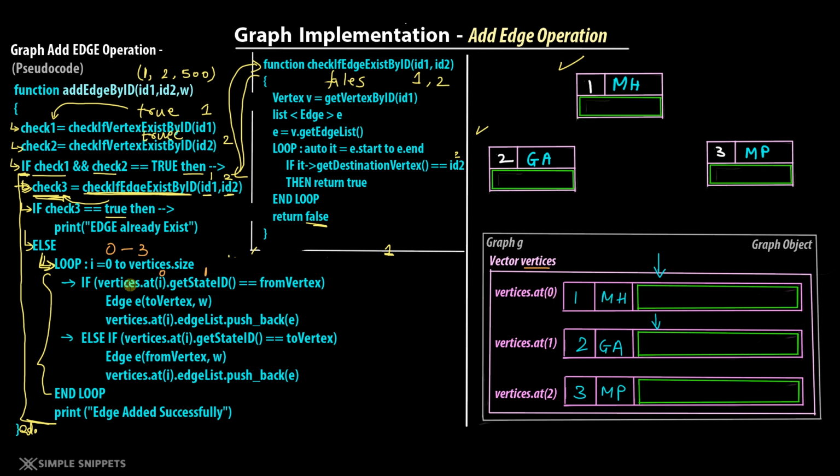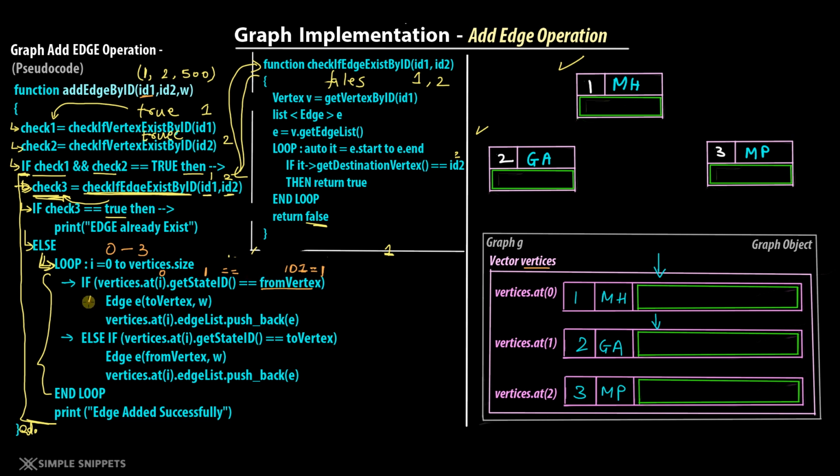We say if this is equal to from vertex, which is the first ID, 1. You can also call it the source, but over here it is ID 1. So is 1 equal to 1?